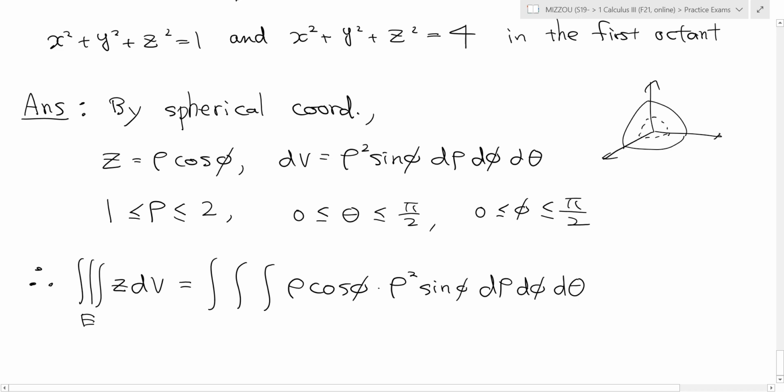And then now, limits for rho is from 1 to 2. The limits for phi are from 0 to pi half. And the theta is also from 0 to pi half.